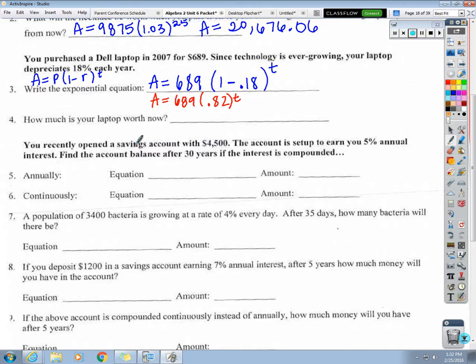What year is it? And when did we buy it? So how many years old is it? 9. So 689 times 0.82 to the 9th power. So how much is that laptop worth now? 115.49. So about $115.50 basically.